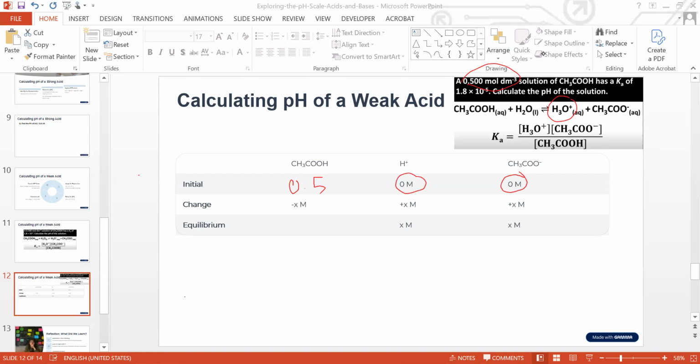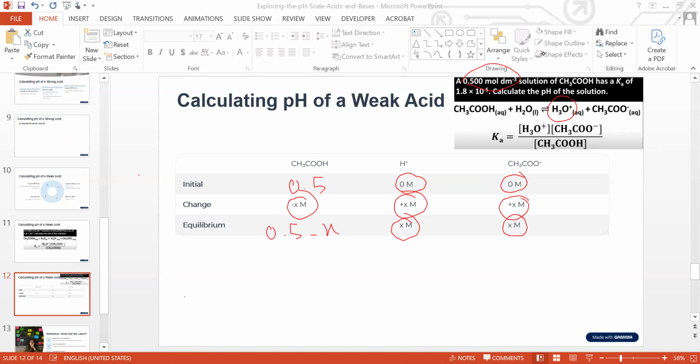After some time, it changed to minus X. X was the concentration of hydronium ion and X was the concentration of the acetate ion. It means that at equilibrium, the concentration of acetic acid would be 0.5 minus X, X is the concentration of the hydronium ion and X is the concentration of the acetate ion.